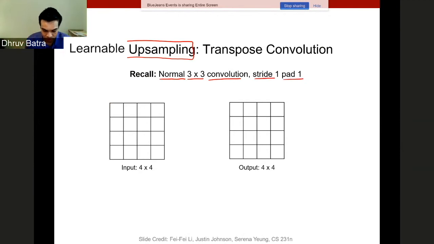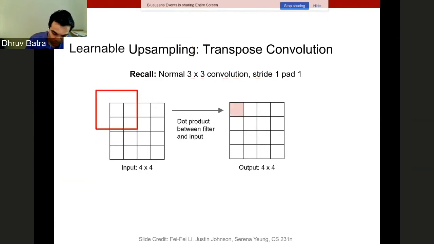What was convolution again? In convolution, when you have an input and an output, remember we are going to do padding of 1, so there's zeros all around this particular input, and it's a 3x3 filter, stride 1. In a regular convolution, you place the filter W on the input, and there is some padding going on.